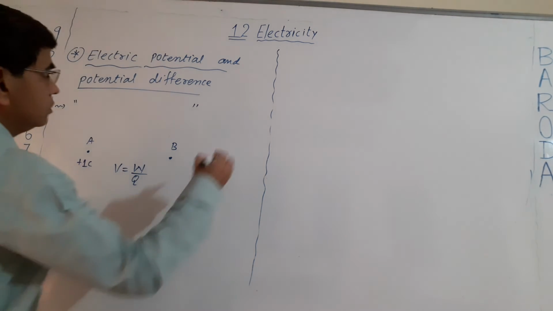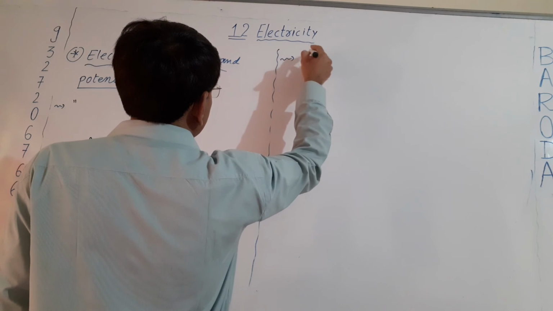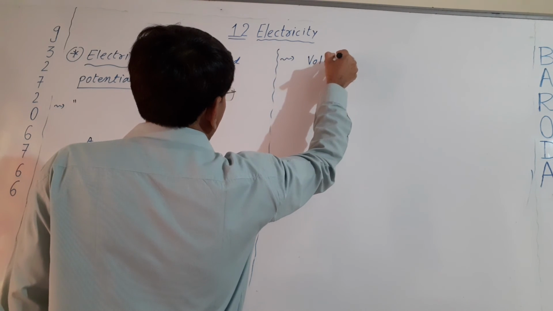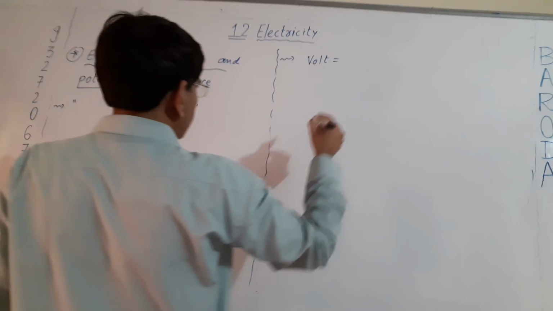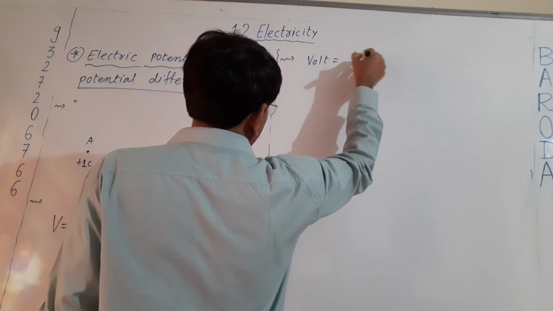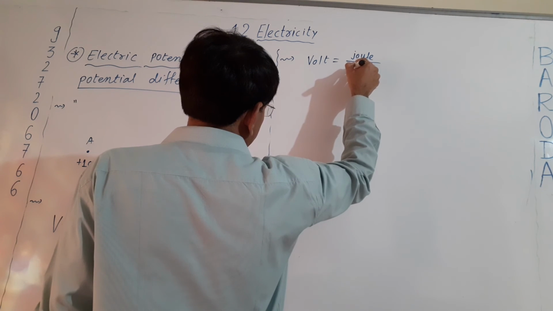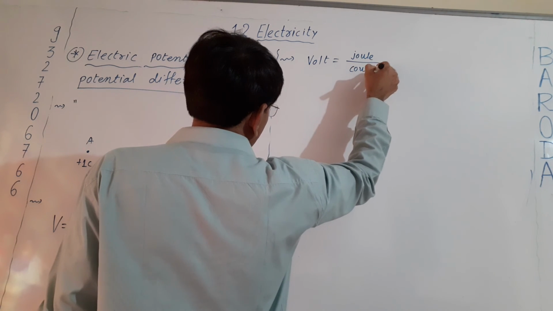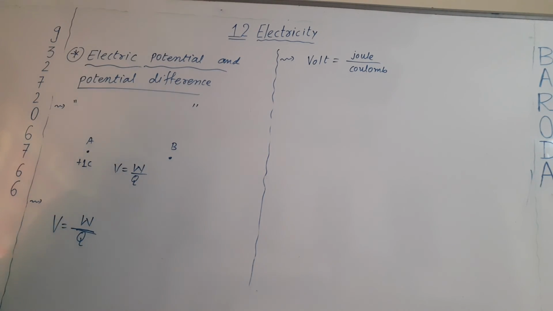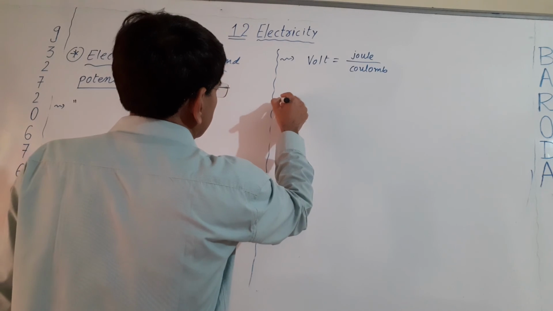What is its unit? The unit of potential difference is volt. Volt equals the unit of work, which is joule, and the unit of electric charge, which is coulomb. So the unit of potential difference is volt equals joule per coulomb.